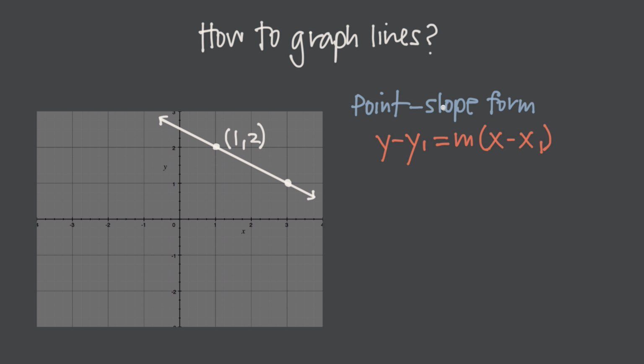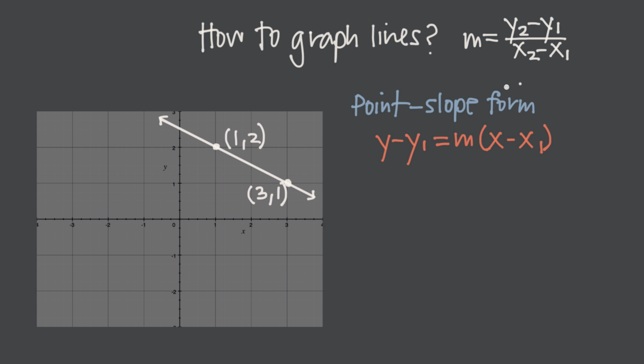Well, in order to find the slope of the line, we actually need 2 points along the line. So we have this other point here, the point (3, 1). To find the slope, which remember is m, we always use the formula m is equal to y sub 2 minus y sub 1 divided by x sub 2 minus x sub 1.